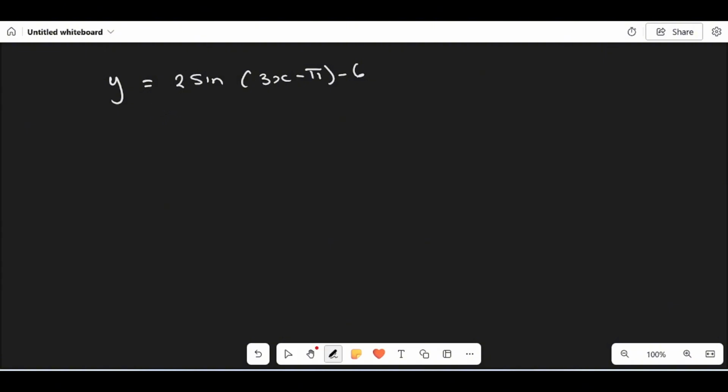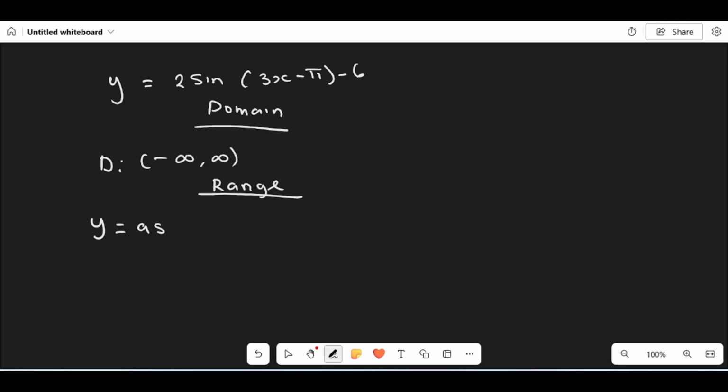We want to find the domain and the range of this function. Domain. Since it is sine function, the domain is all real numbers. So our domain is negative infinity, infinity. Range, our general sine function is y equal to a sine (bx plus c) plus d.